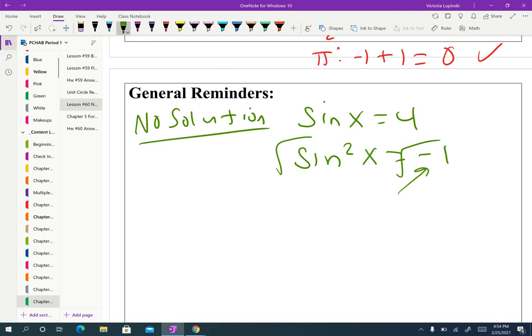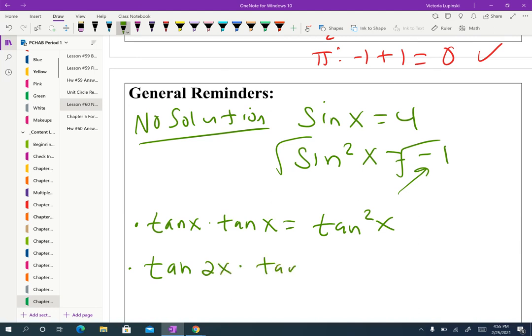Then something else, this is really more for the next lesson, but it doesn't hurt to remind it here. Let's say that I asked you to multiply the tangent of x times the tangent of x. You can do that and rewrite it as the tangent squared of x. What we're going to see next time is instead of having just a single x, maybe we'll have something like a 2x.